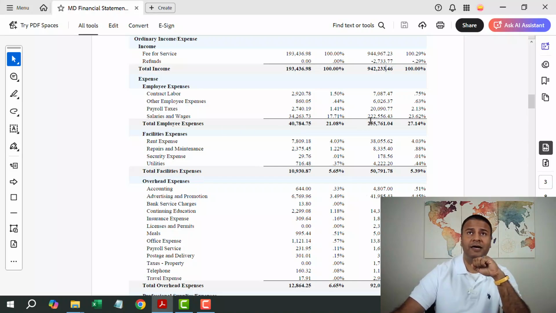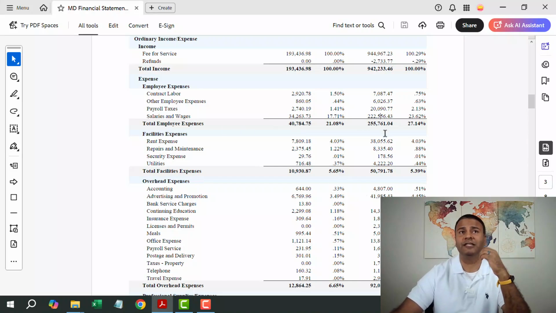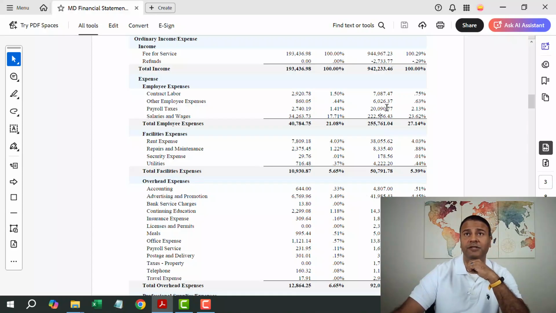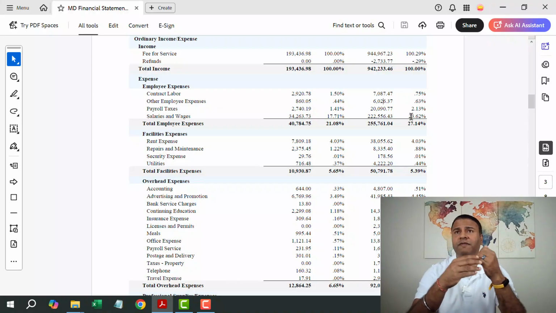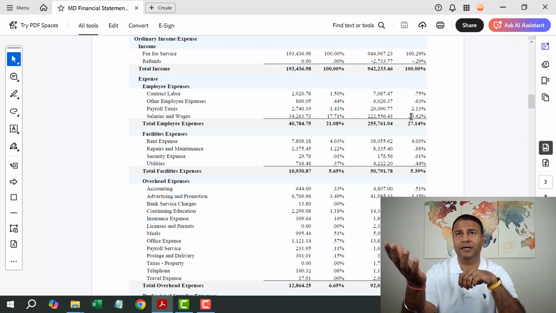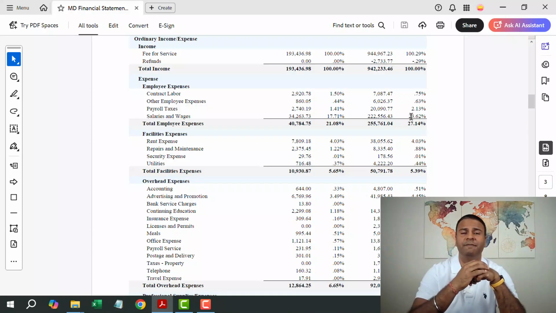You will notice this practice has paid $222,000 in wages to different employees, and these are the payroll taxes related to those employees. Other employee expenses might be related to hiring people, or if you've had a holiday party or something in your practice, that would go in that line item.